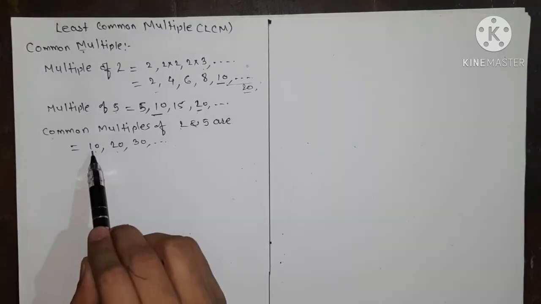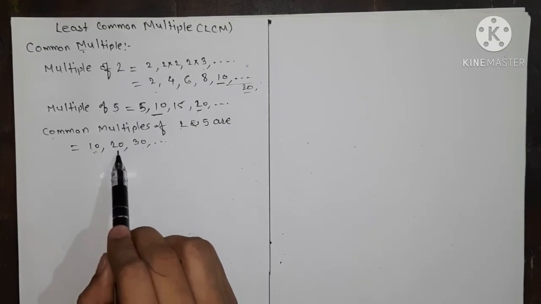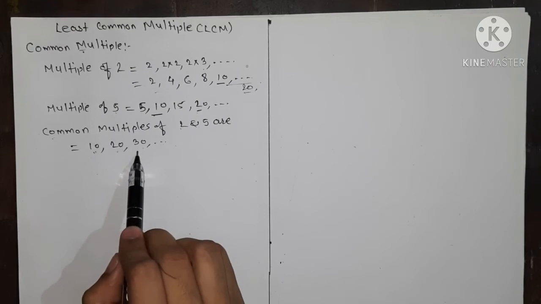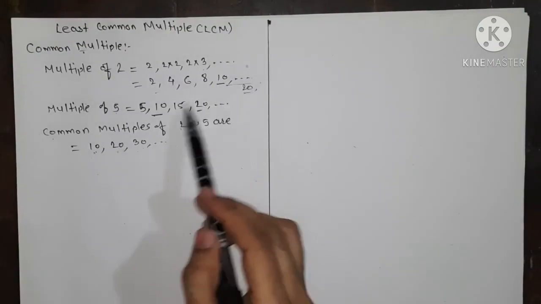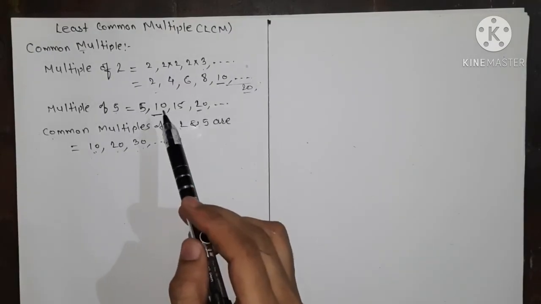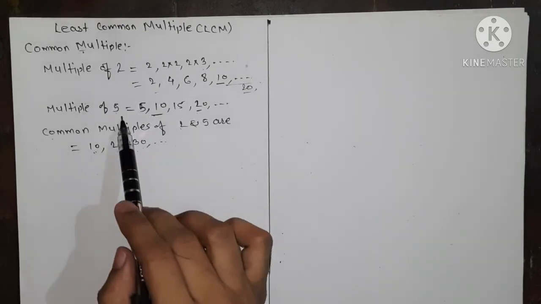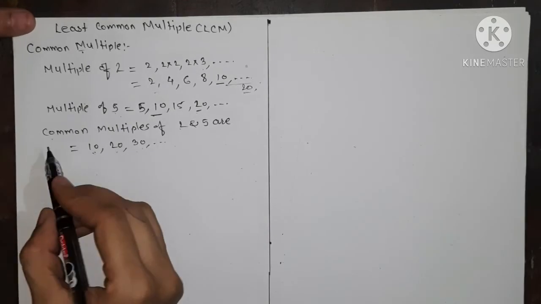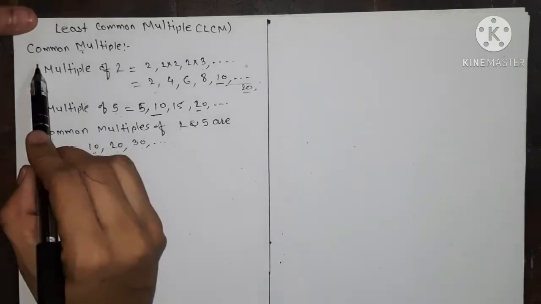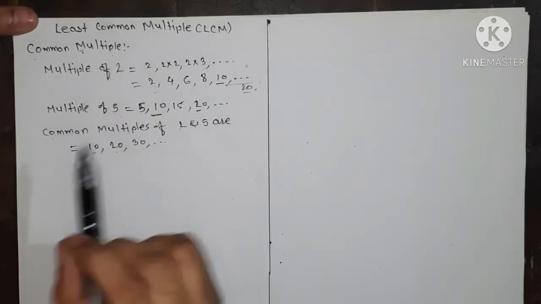Here the table of 10 comes: 10 multiplied by 2 is 20, 10 multiplied by 3 is 30. So if we know the smallest common multiple, then the multiples of that are the common multiples of the numbers. So firstly we write the definition of common multiple.